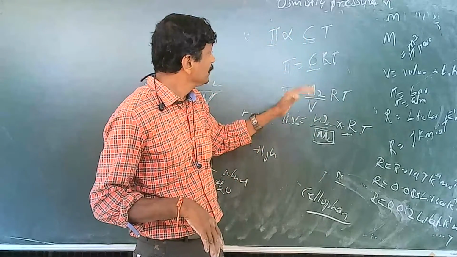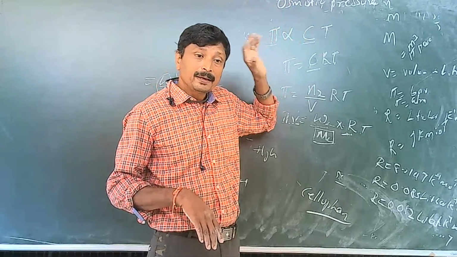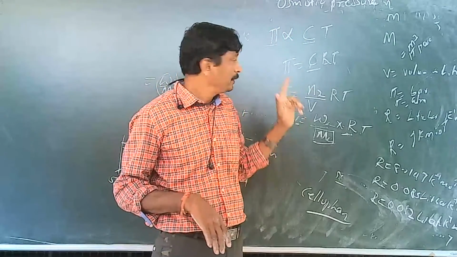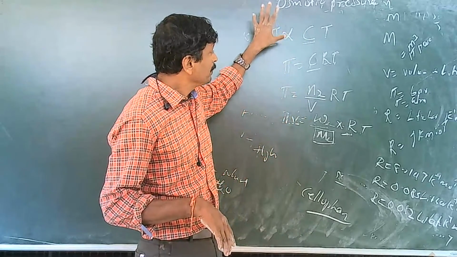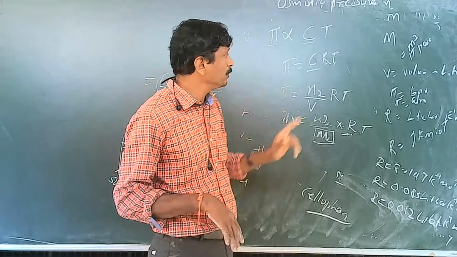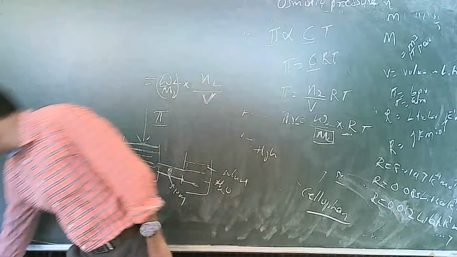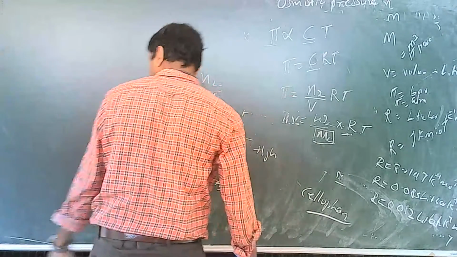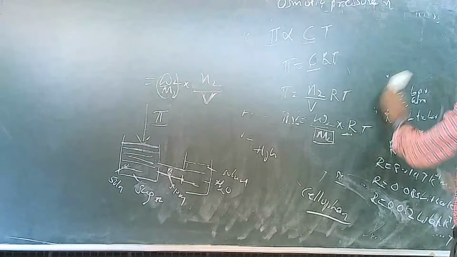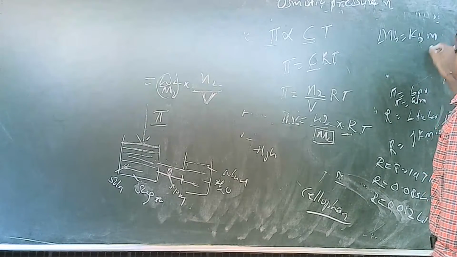The third one is the magnitude: the value of pi is very high compared to delta TB, delta TF or RLVP. Therefore even for a very small amount of solute we can measure the colligative property. In the elevation in boiling point method, delta TB is equal to Kb into m.